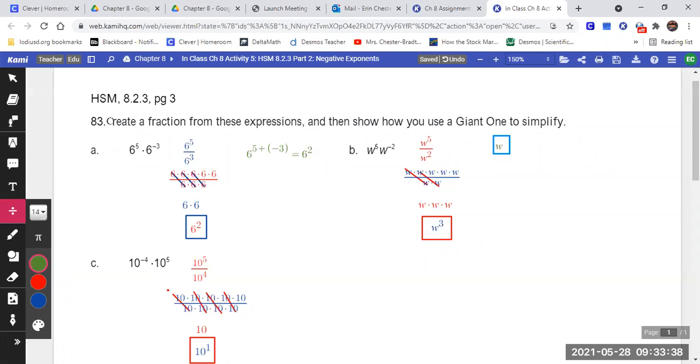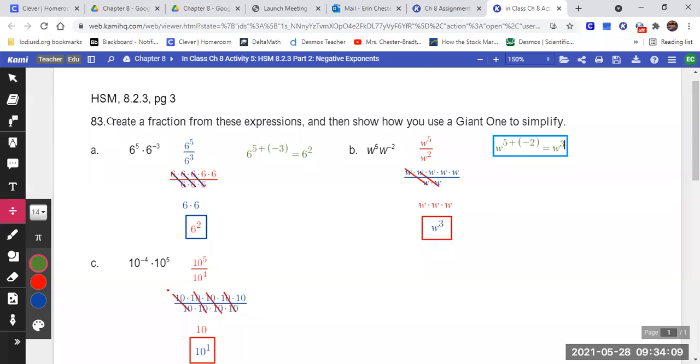How would I write it? Yes, but no. 5 plus, because we're adding, -2. I understand that 5 plus -2 is the same thing as 5 minus 2. The problem is I want to keep trapped in my head that I'm adding those exponents, okay? And that's why it's W to the 3rd.